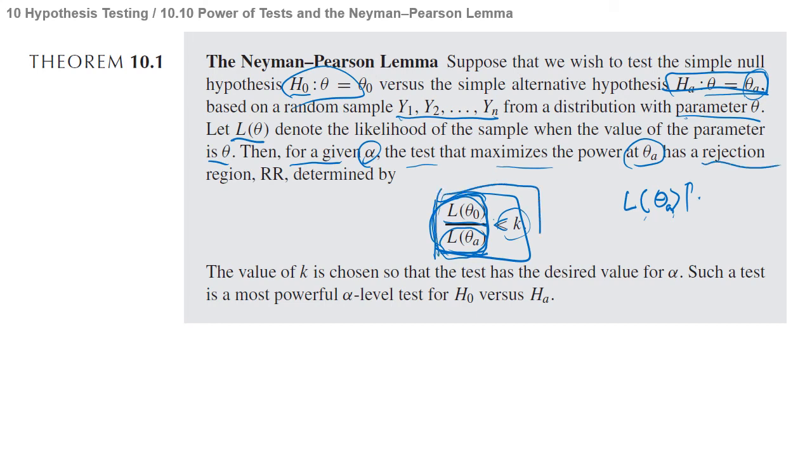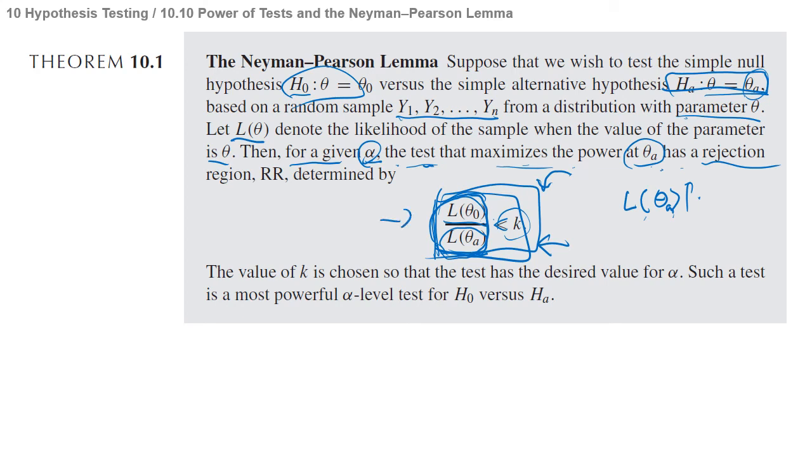So this rejection region would make sense, and the more important result is that if we decide our rejection region this way, then for a given alpha, the test that maximizes the power at theta A has a rejection region of this form.